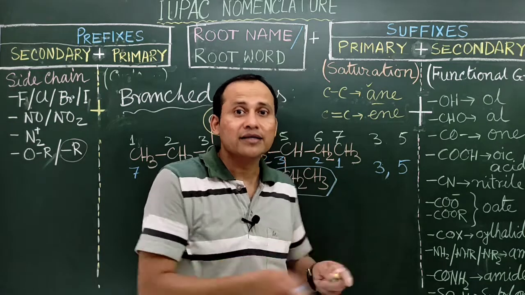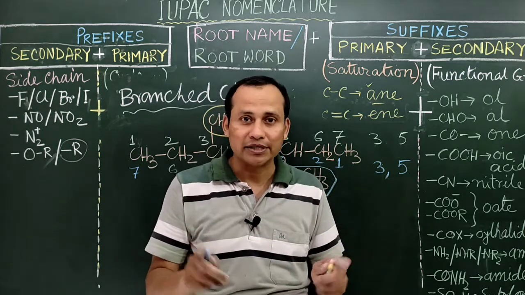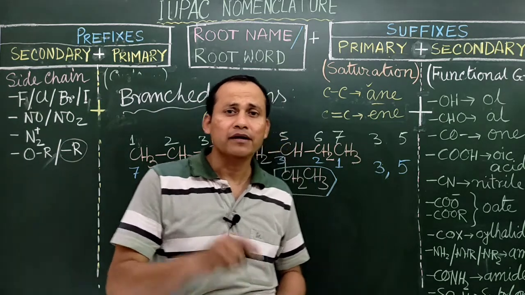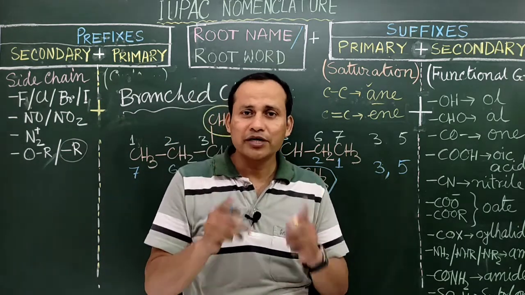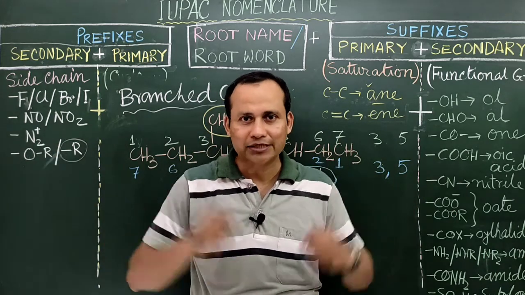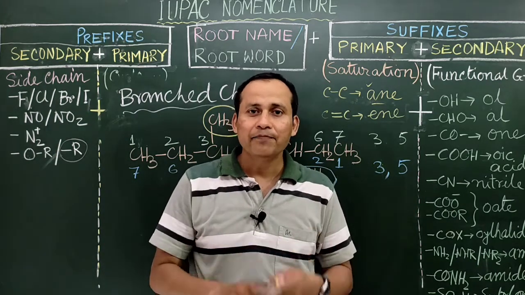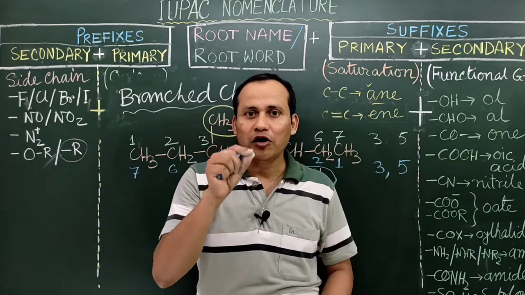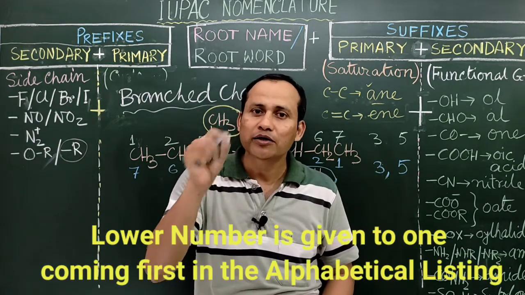So from here the next rule comes, and the rule says that if two different groups are there on the same position from either of the sides, then the determining factor will be the alphabetical order of the names of the groups.